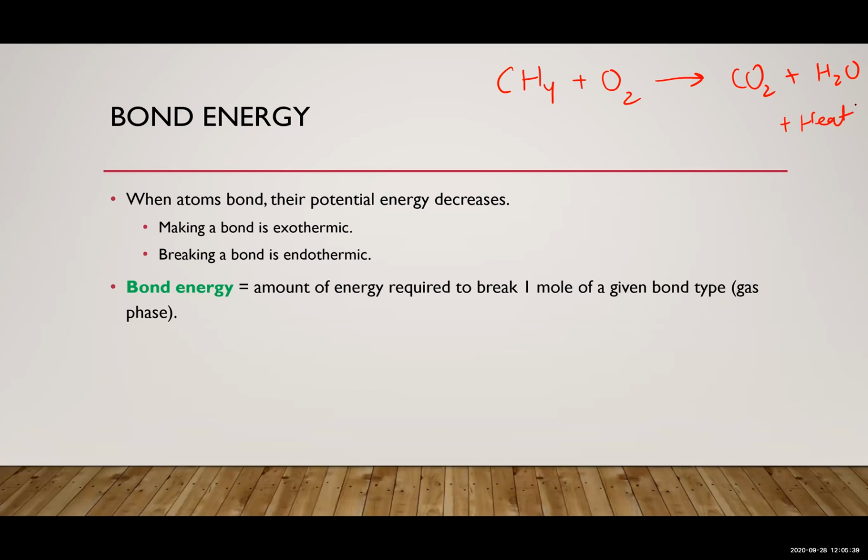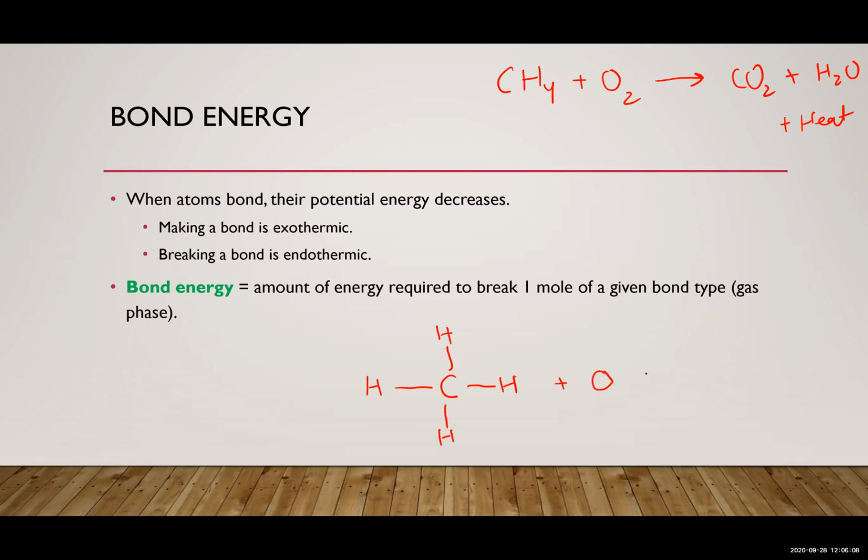You must remember a couple of concepts. In this reaction, let's look at the reaction which I just wrote. Our first molecule is methane. Methane is carbon, and carbon is bonded with how many hydrogens? 4, right?